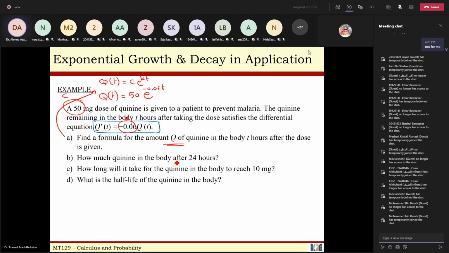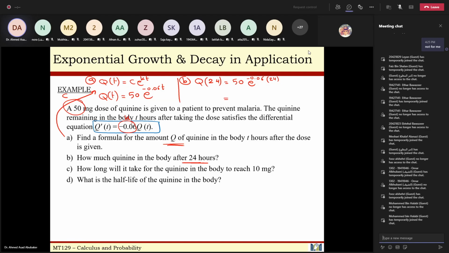How much quinine after 24 hours? This is A, this is B. So just substitute 24 in the function. We have 50 e to the power negative 0.06 multiplied by 24.